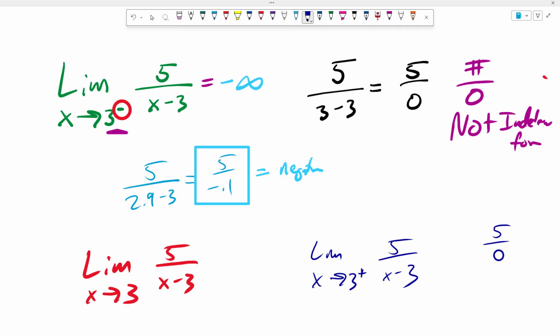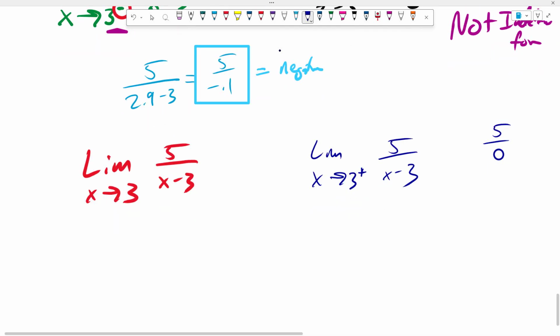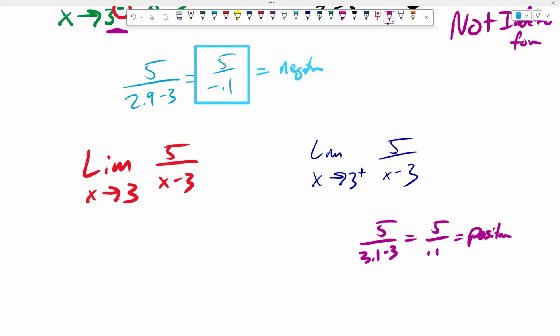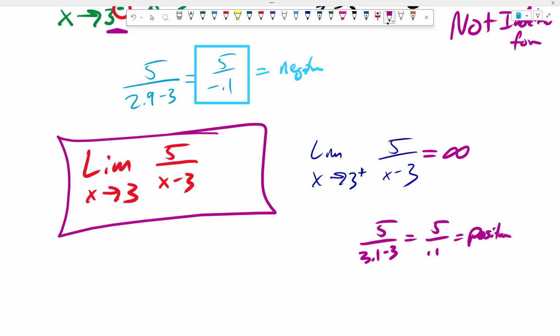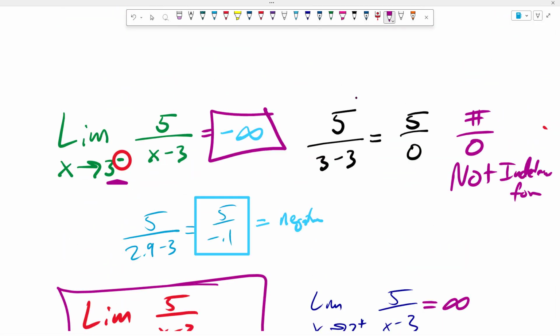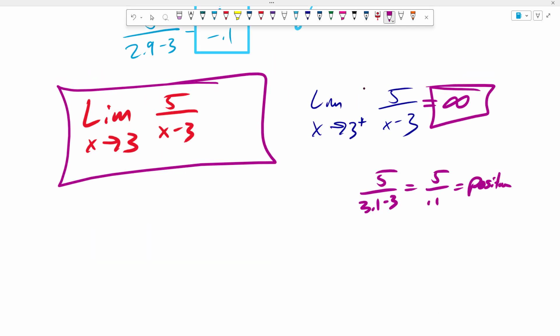So we just have to determine, is it positive or negative infinity? We just plug in a number to the right of 3. So 5 over 3.1 minus 3, 5 over 0.1, positive. Since it's positive, this limit is equal to positive infinity. So what is the limit as x goes to 3? Does not exist. From the left, it went to negative infinity. From the right, it went to positive infinity. So this does not exist.